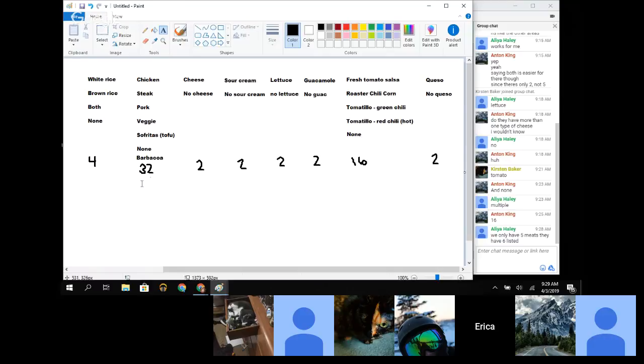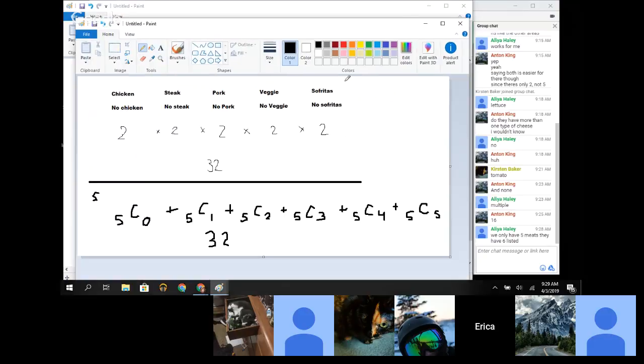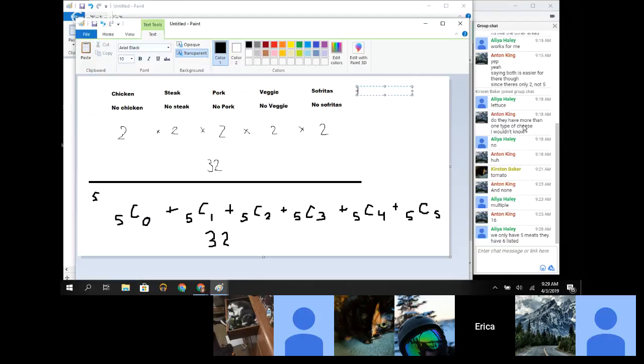So what does that do to our number then? Good thing we have this on our side note here. So now we also have barbacoa, or no barbacoa. Multiplies it by 2, exactly.